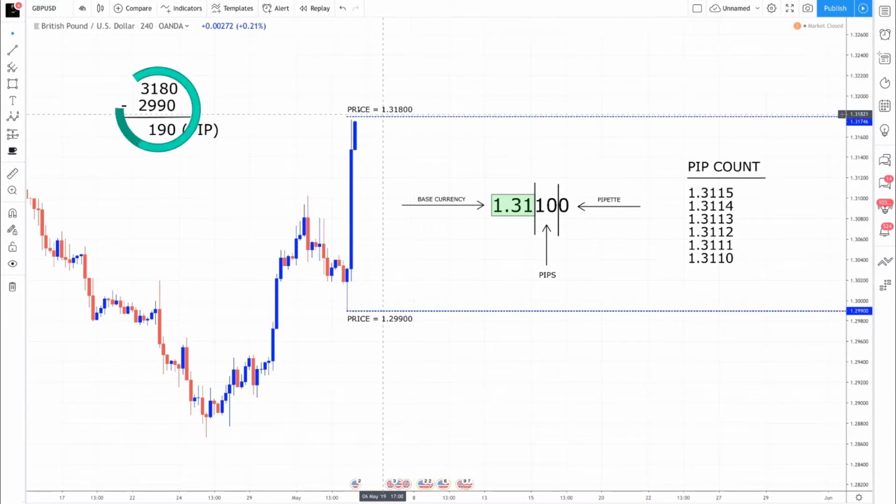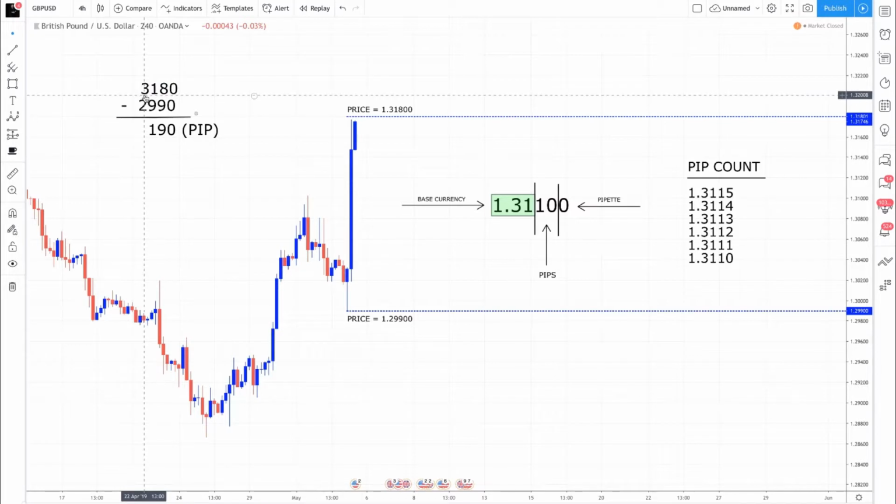So by coming over here, you can see that I took 3180 and I subtracted it by 2990, which were the digits on the right side of the decimal. By minusing these 2 numbers, I was left over with a remainder of 190. That 190 represents the pip difference from the price rising of 1.29900 to 1.31800.